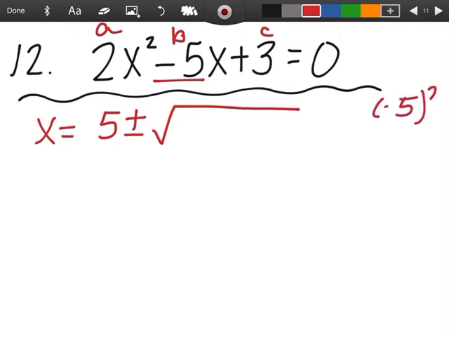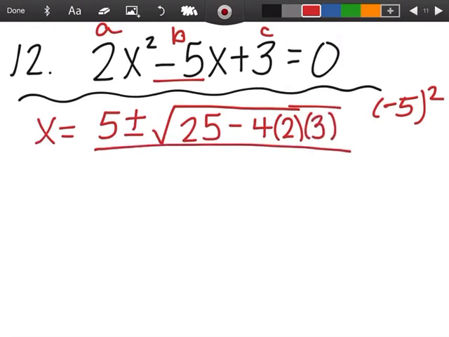So I like to go ahead and do b squared off to the side. Negative 5 squared is 25, minus 4 times a, which is 2, times c, which is 3, all divided by 2 times a, which is 2 times 2, which is 4.